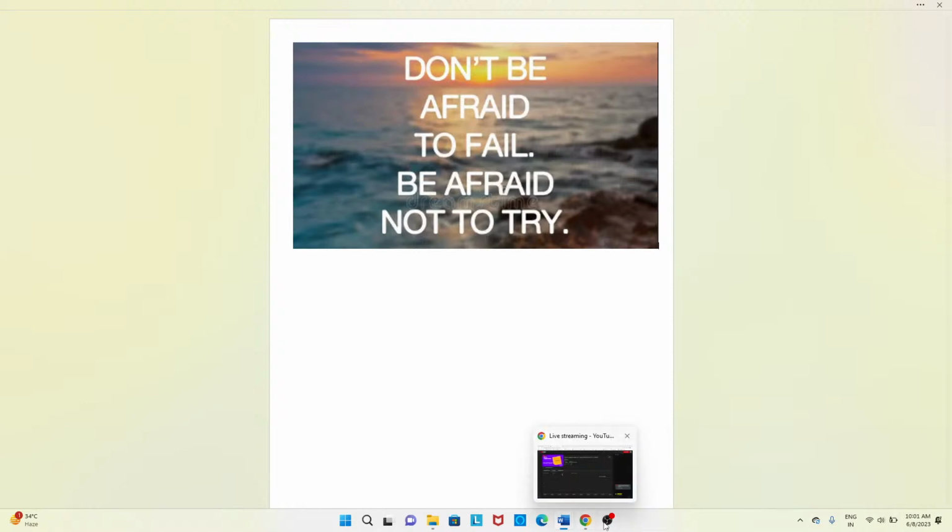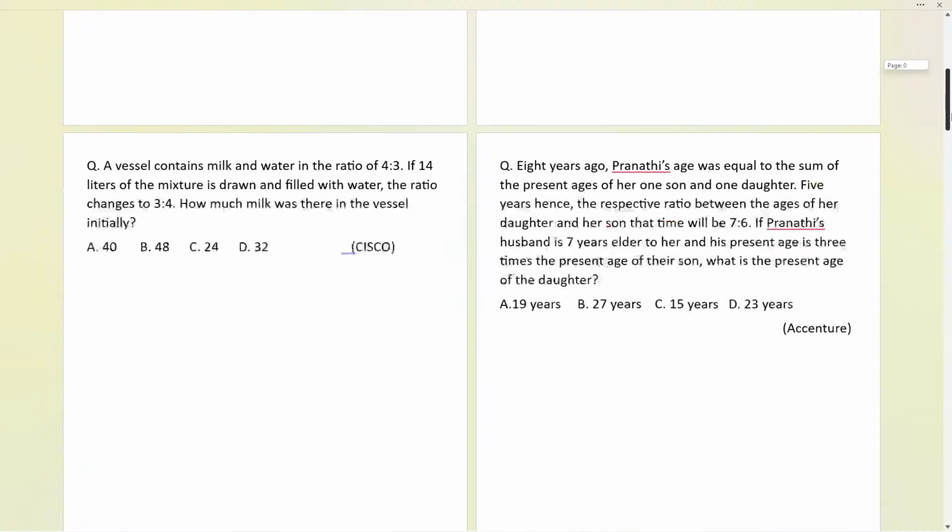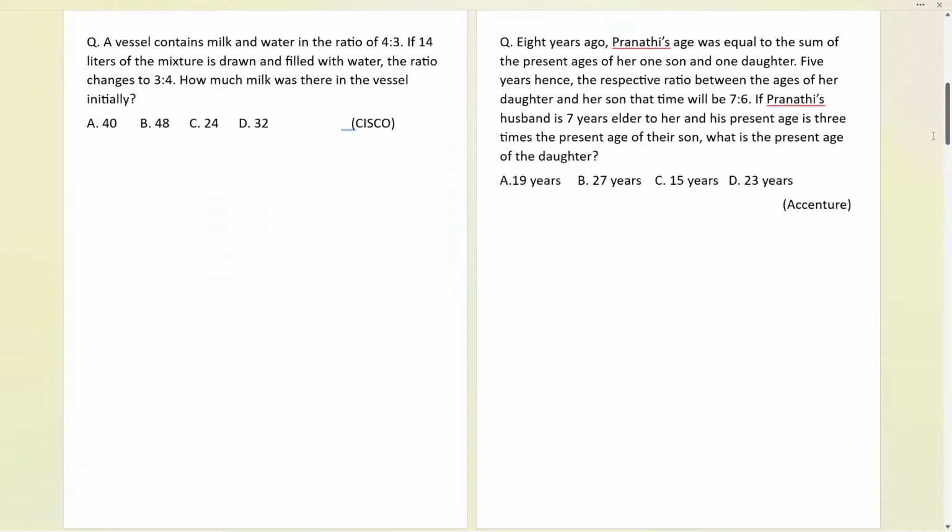Okay, so now let us begin the session today. We are going to begin with ratio and proportion. So let us start with the first question, and here is the first question. Your time starts now. 1 minute to go and try. You can comment down your answer in the chat box.